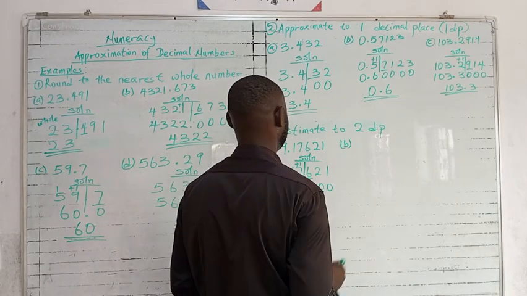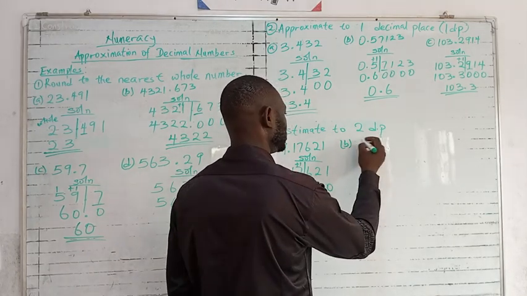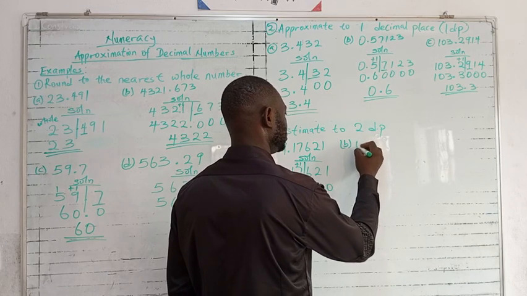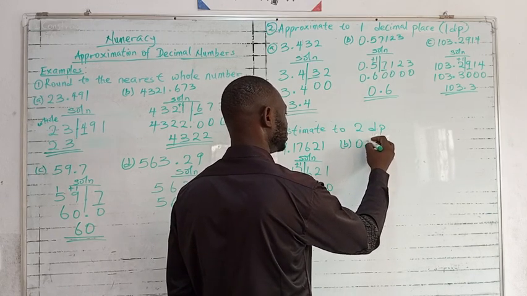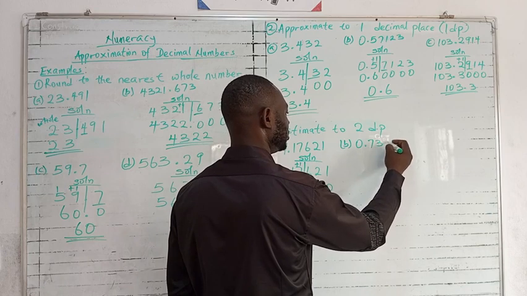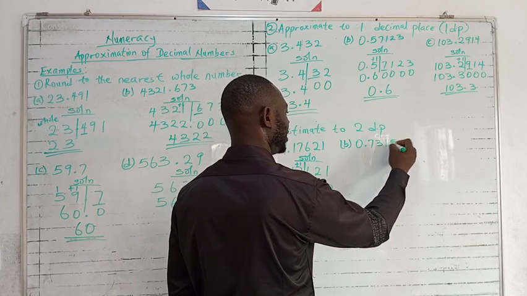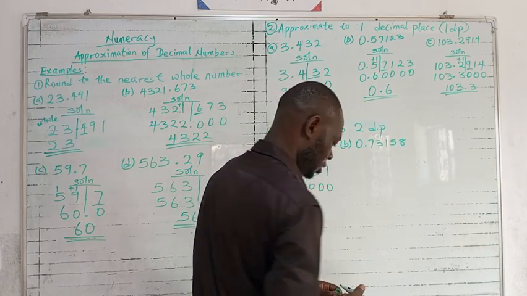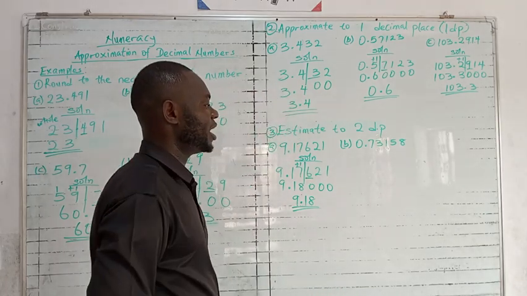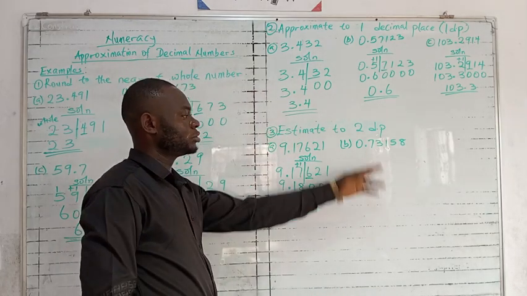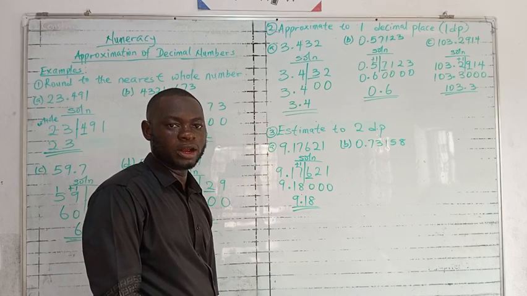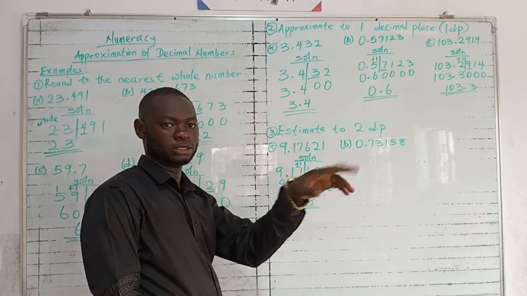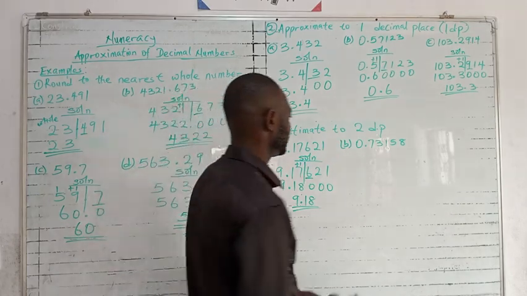B. Zero point 73158. 0.73158. We want to round this number to 2 decimal places.